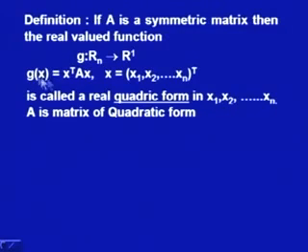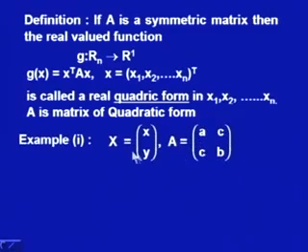So, if we can define such a function g(x) represented as x transpose Ax, then this g(x) is a quadratic form in variables x1, x2, ..., xn. The matrix A is the matrix of the quadratic form.